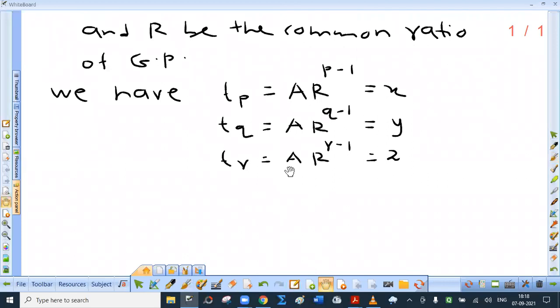Now what is asked? Substitute the values.